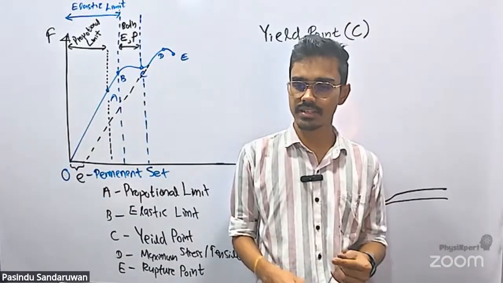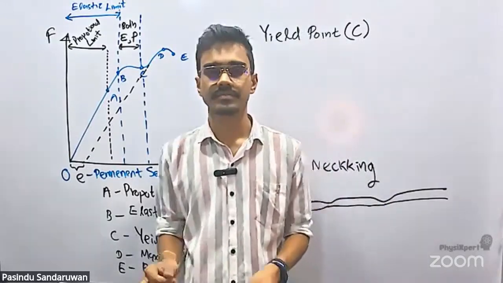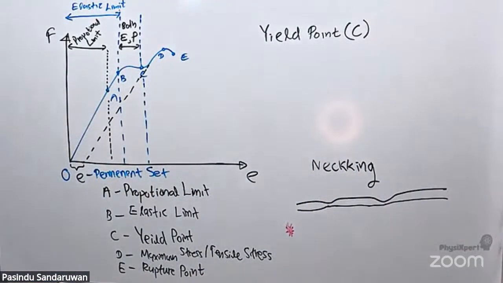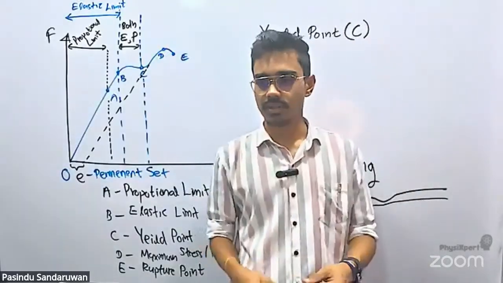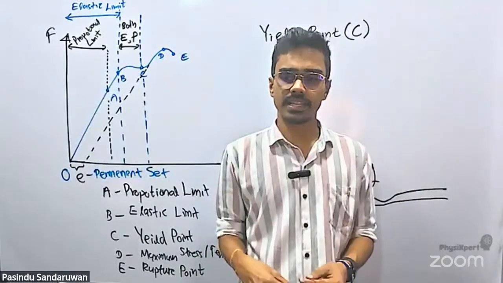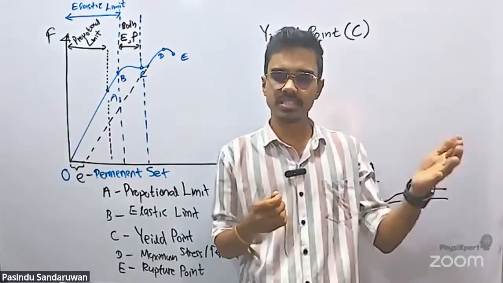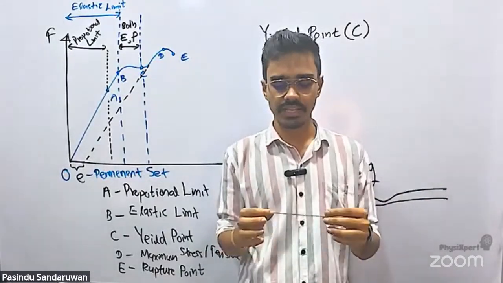Yeah, correct. What else? There are multiple meanings for the word yield, right? So here the meaning of the word yield is like the margin, marginal, something like that, or the boundary.